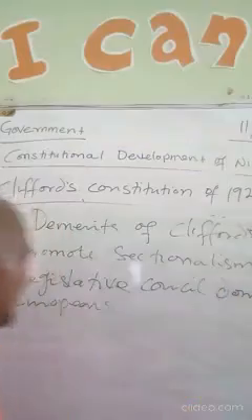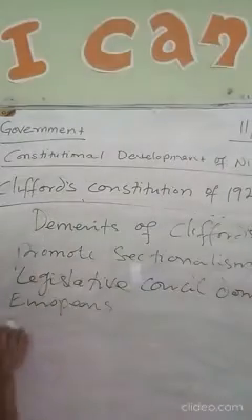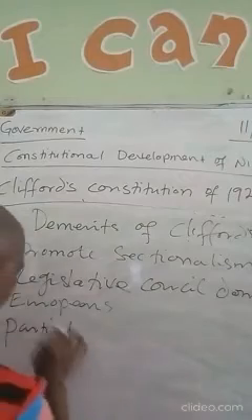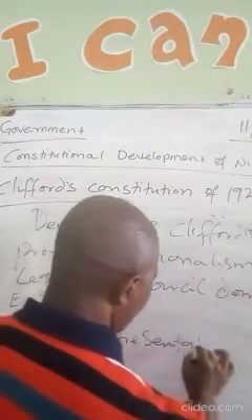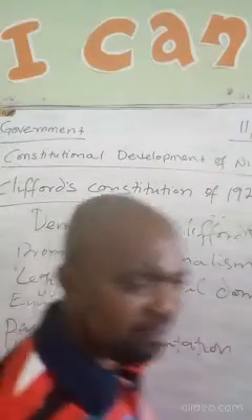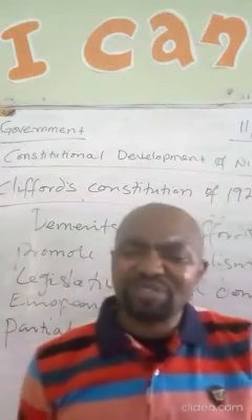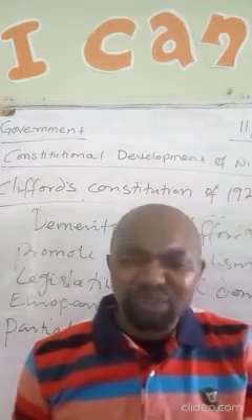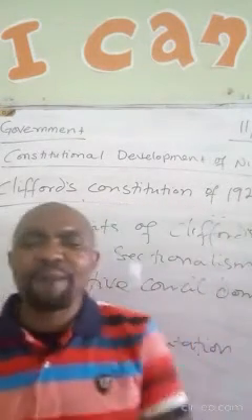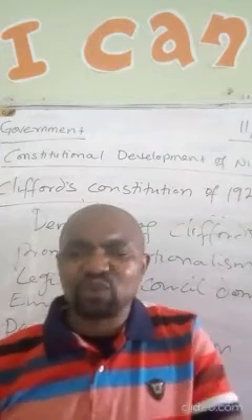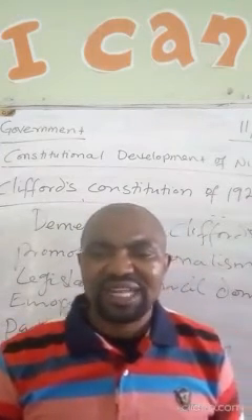Then another one is partial representation. What do I mean by partial representation? Now, the elective principle did not give enough opportunity for people to participate. Two, the majority of people that qualified to participate in political affairs were excluded.